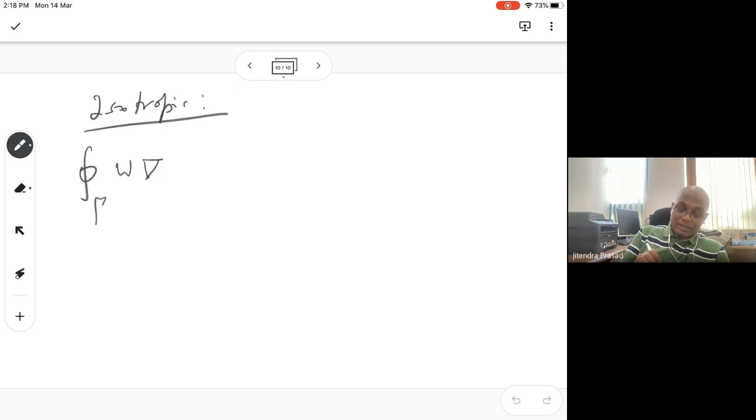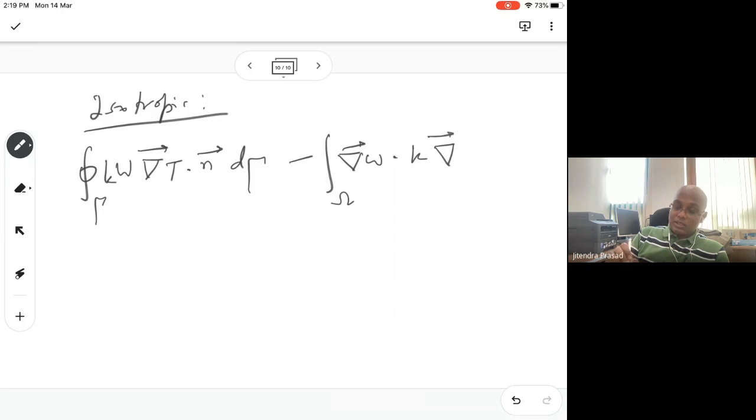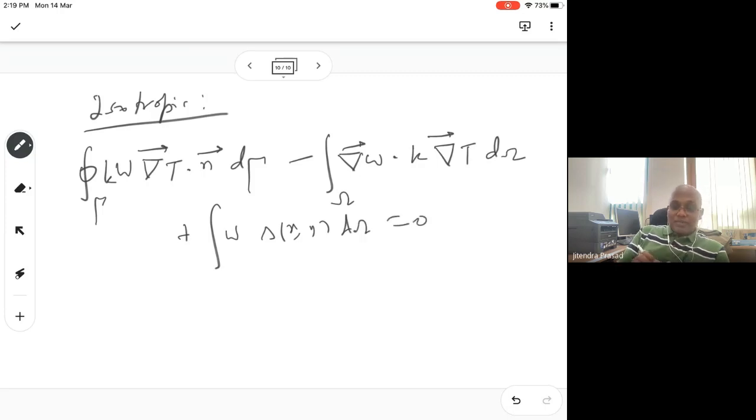We write integral of K grad W dot grad T d omega, minus integral over the boundary of W Q dot n d gamma, plus integral of W S d omega, equal to 0. Now we have to solve the problem.